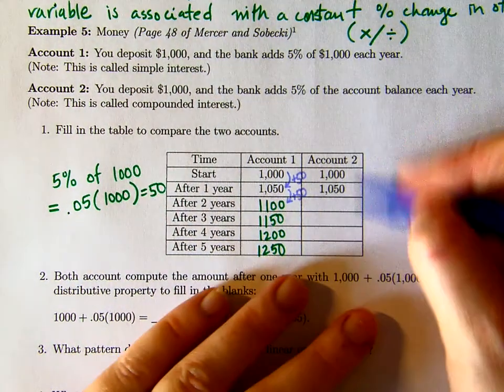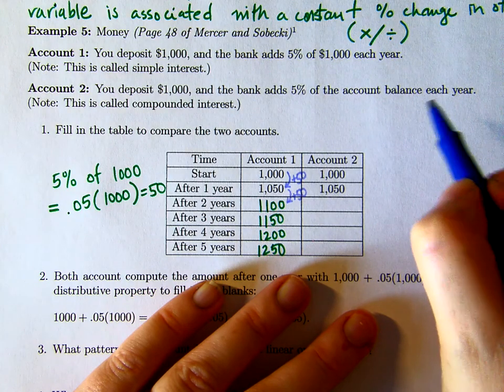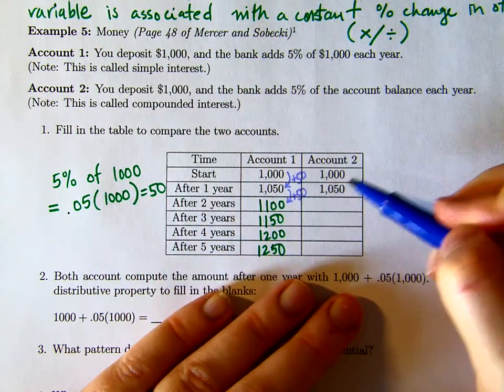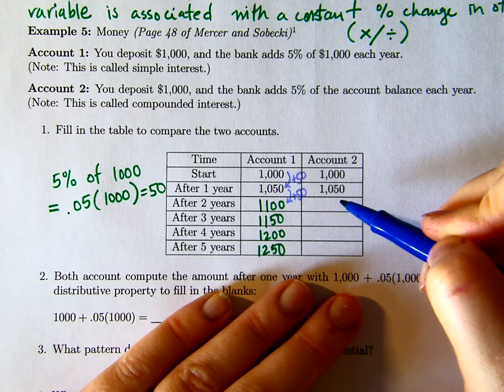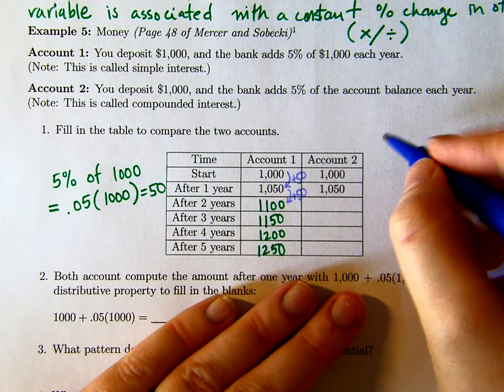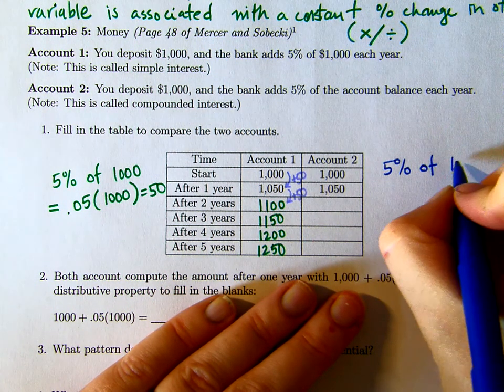Now in this account 2, it's 5% of the account balance each year. So now we're not doing 5% of 1,000 again. For the second year that this is sitting in the bank, we actually are taking 5% of 1,050.